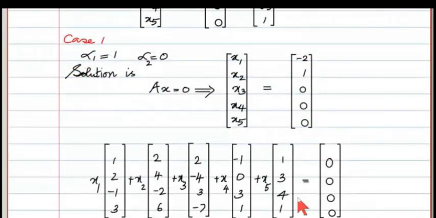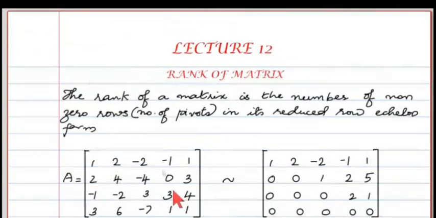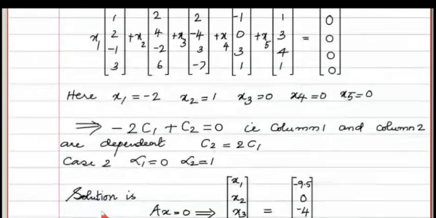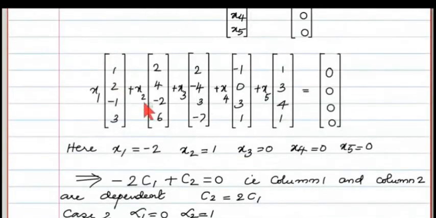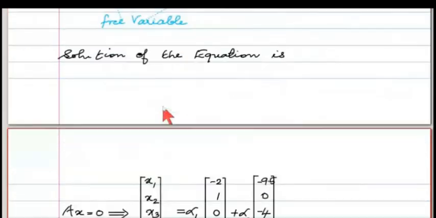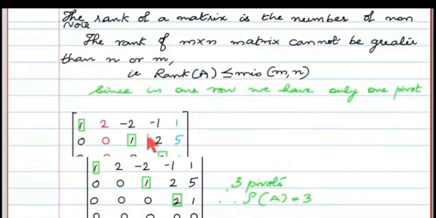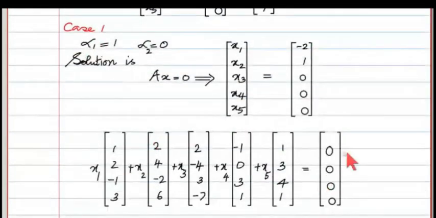So we will get a matrix like this: 1, 2, minus 1, 3 is the first column. So x1 times the first column plus x2 times the second column. The second column is 2, 4, minus 2, 6. Like that, we will get a matrix like this. So finally, we will get this.